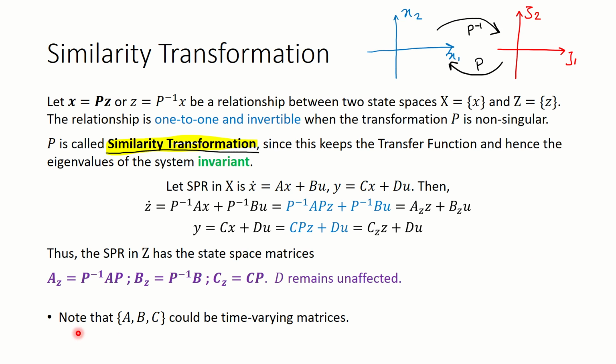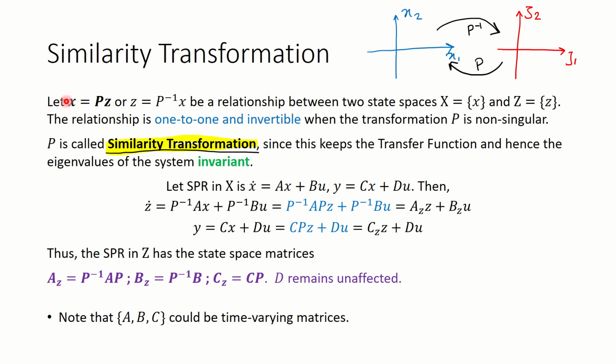So this is the relationship. Please remember that this relationship holds true only when you relate the two spaces in this manner, where x is what you know and z is where you want to go.